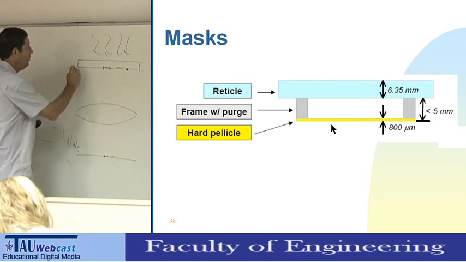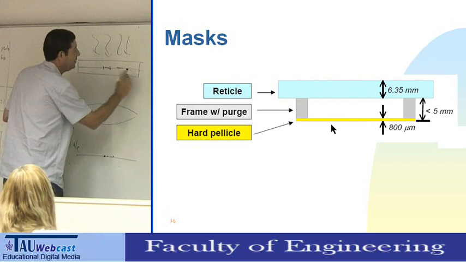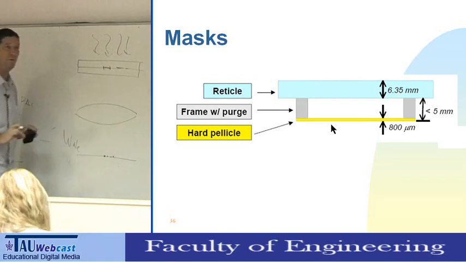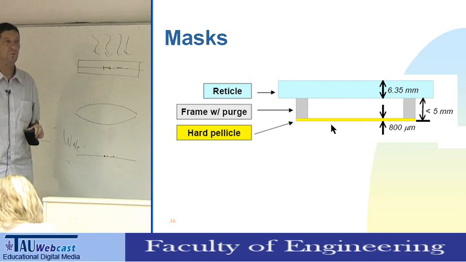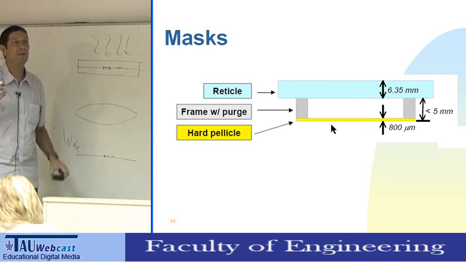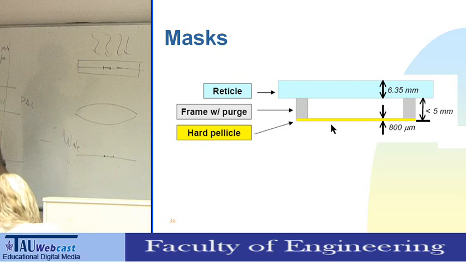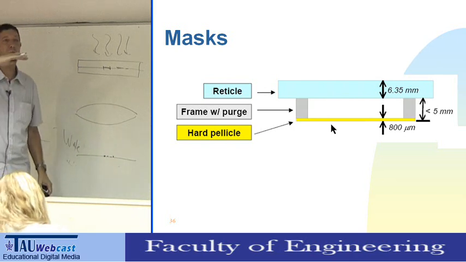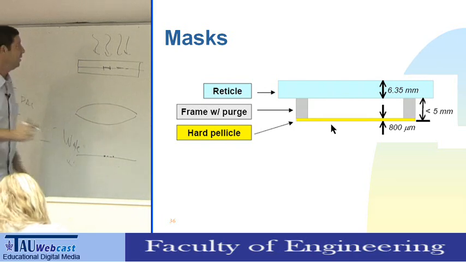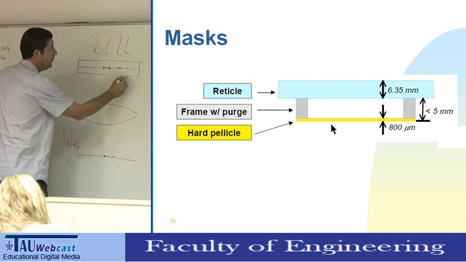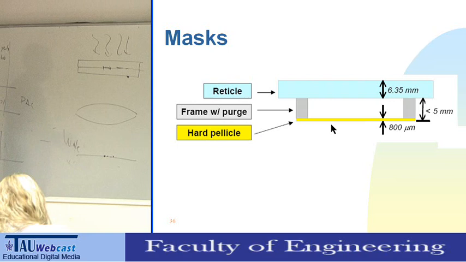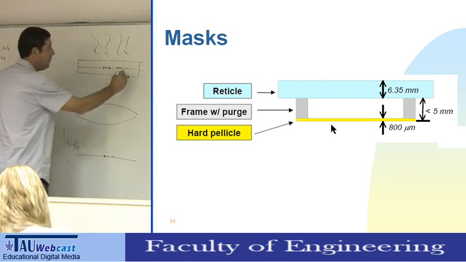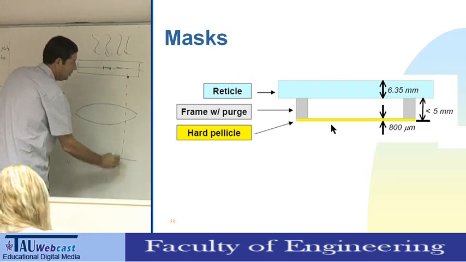So what you do, you put here, under the mask, a thin membrane of polymer. It's called a pellicle. It's actually a sheet of plastic, of some polymeric material, which is transparent. So now, if there's a little particle here, the image of this particle goes through the optics.